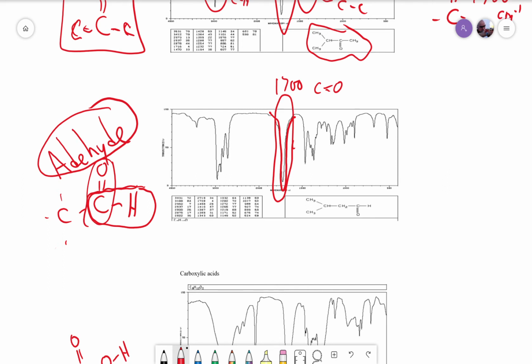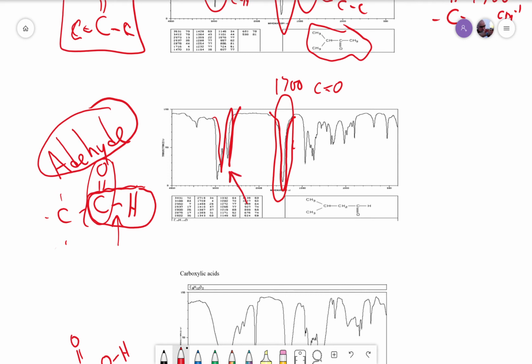But this particular CH stretch is a special CH stretch because it's not the same as an unsaturated stretch, but it's not the same as a saturated stretch. And it creates what is referred to as a Fermi doublet.